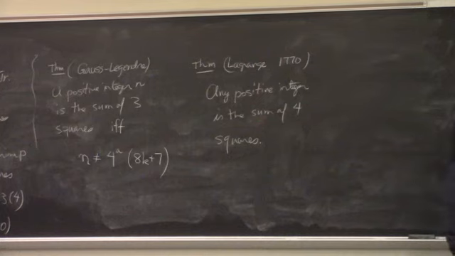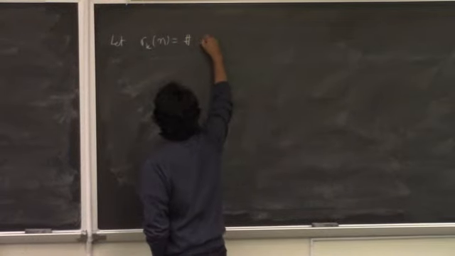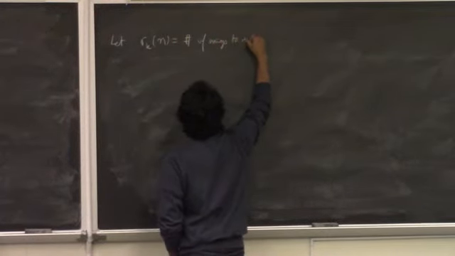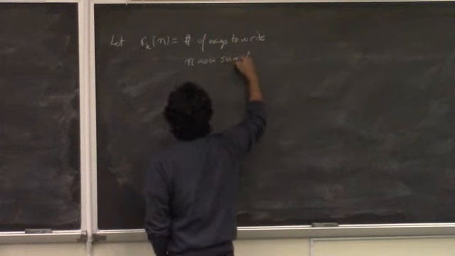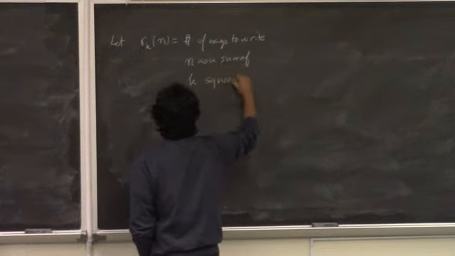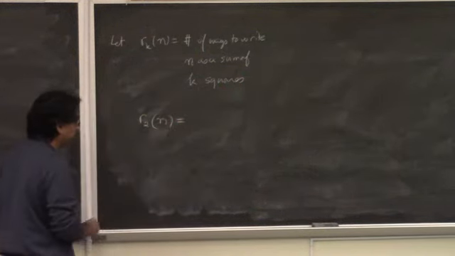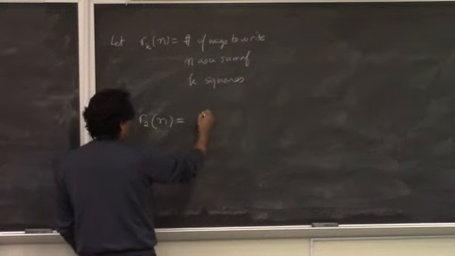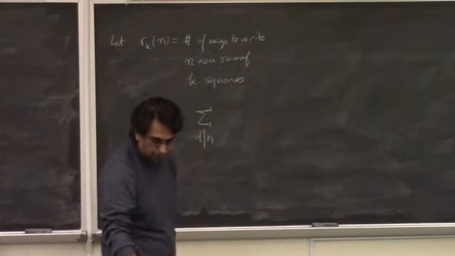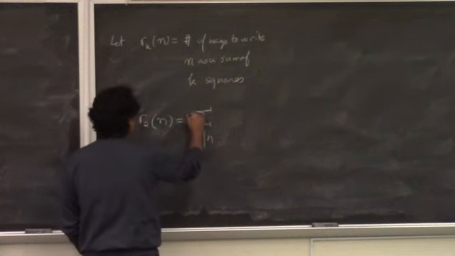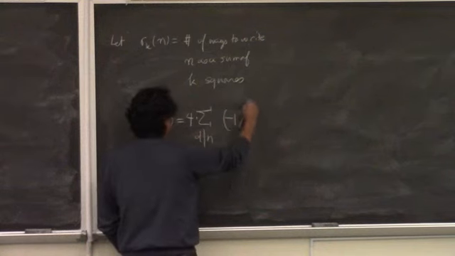So if we let r_k(n) equal the number of ways to write n as a sum of k squares, we have r_2(n) is equal to some divisor sum, the sum over d dividing n of (-1)^((d-1)/2).